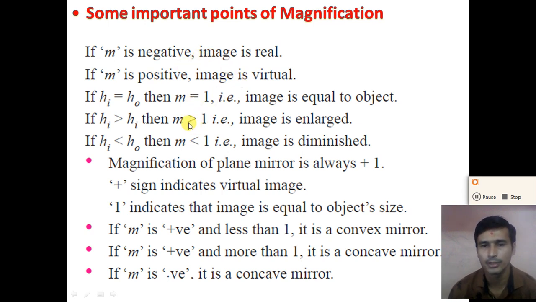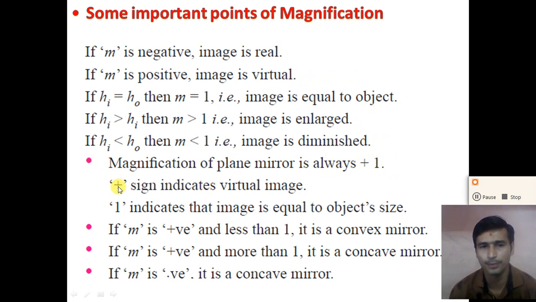And the important point is that the magnification of the plane mirror is always +1. The plus sign indicates that the image produced by the plane mirror is virtual and erect, and the value 1 represents that the image is the same as the object.